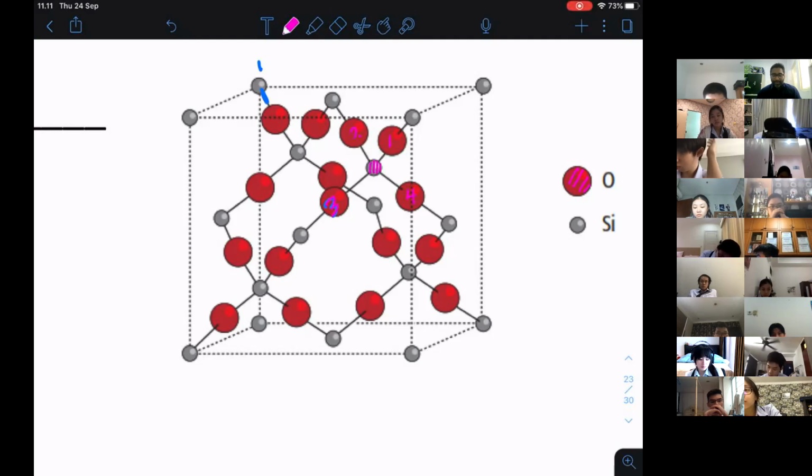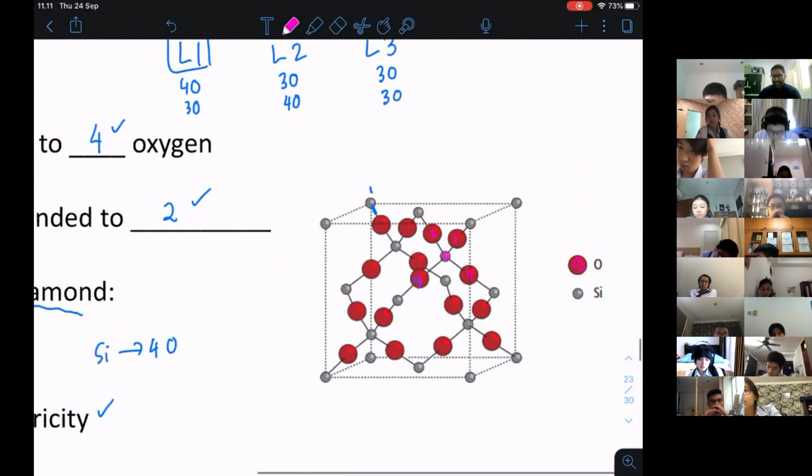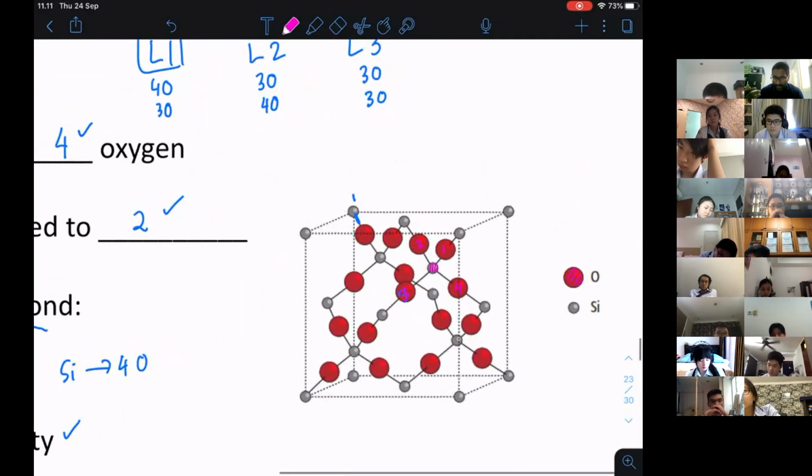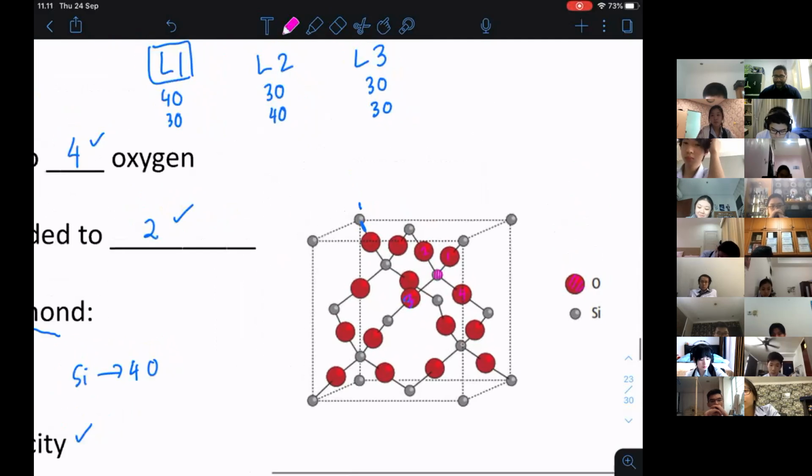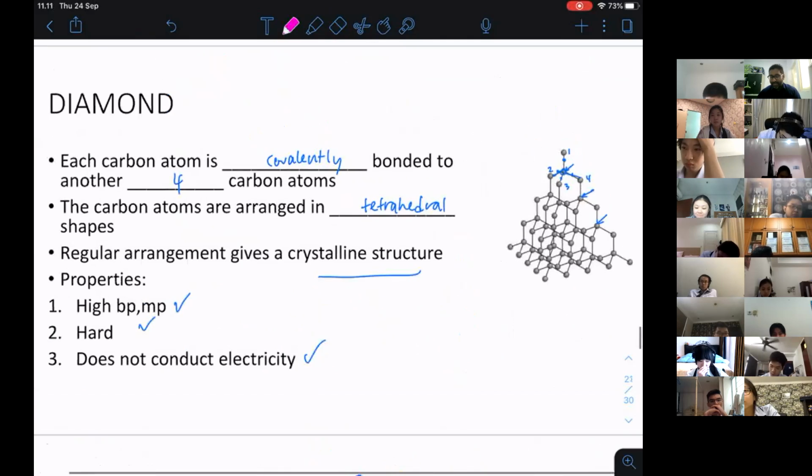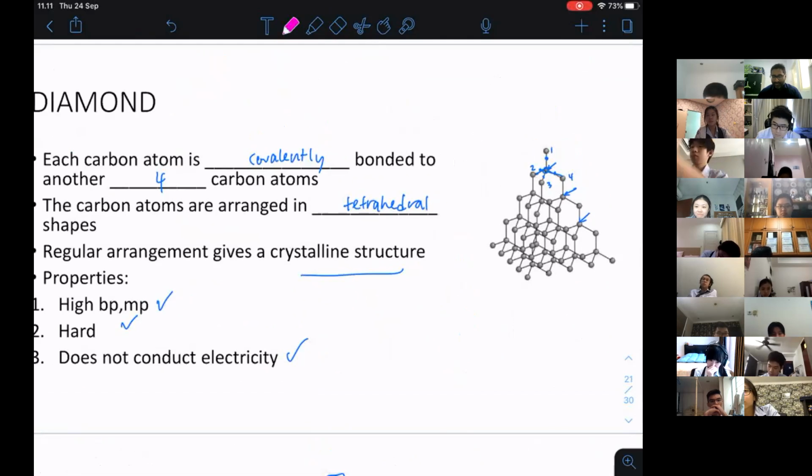If you look at the diagram, it's somehow similar to diamond, but they do not have a very compact structure like diamond. So that actually makes some sort of difference.